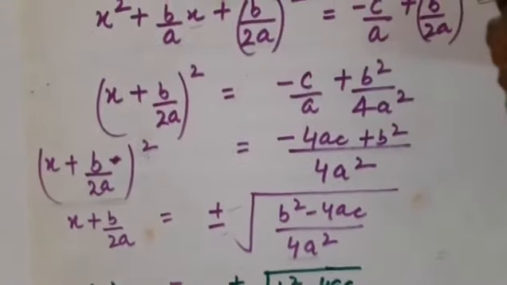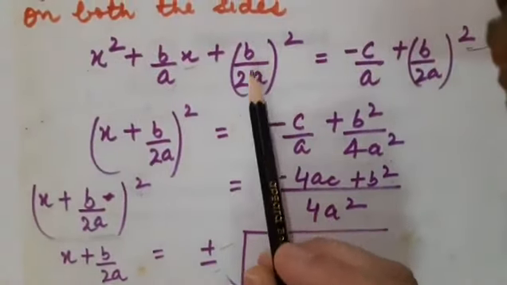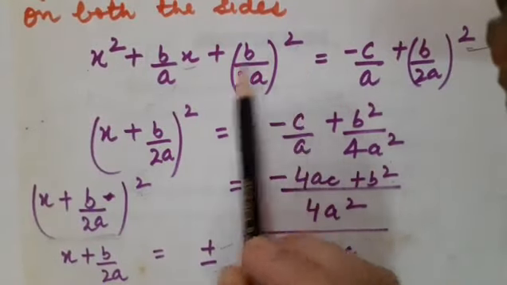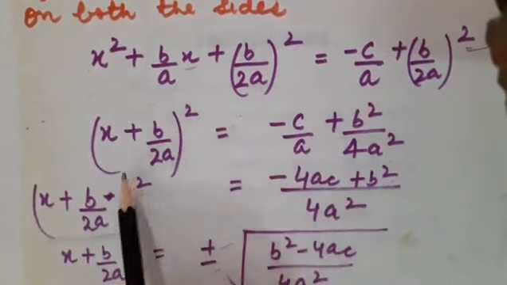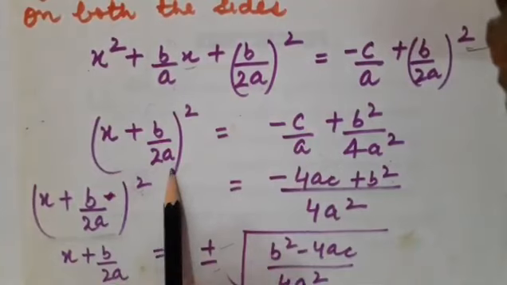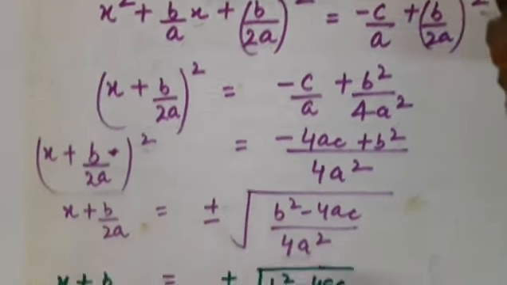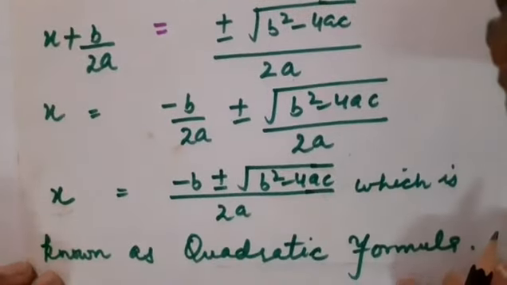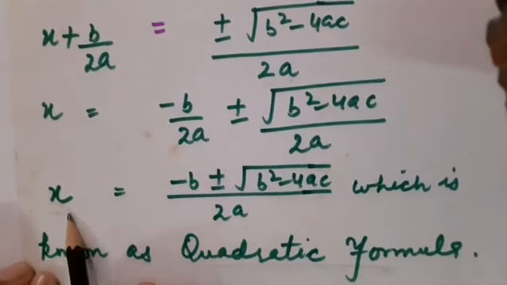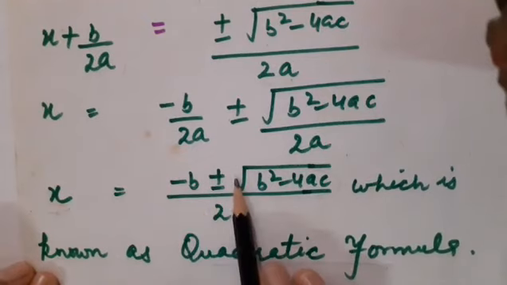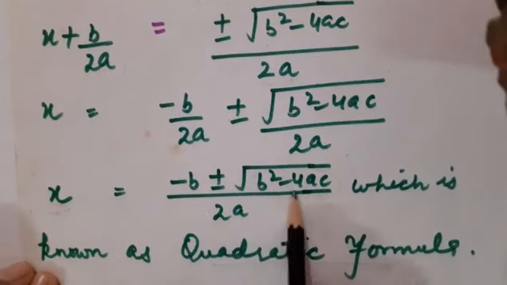When I added b upon 2a whole square on the left hand side, I got a complete whole square on the left hand side, right children? So what did I get after simplifying? Ultimately I reached the quadratic formula. The quadratic formula is x is equal to minus b plus minus whole root b square minus 4ac upon 2a.